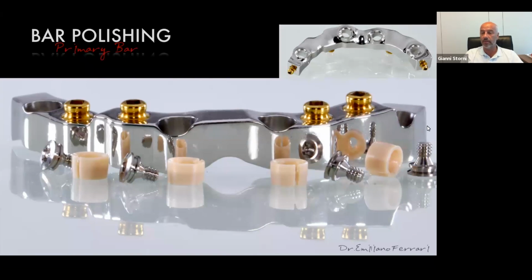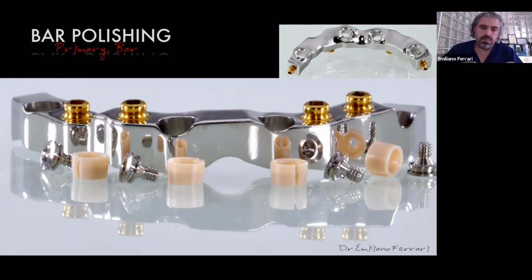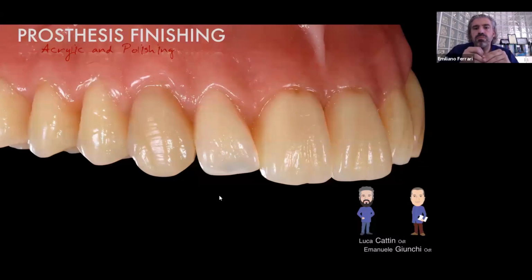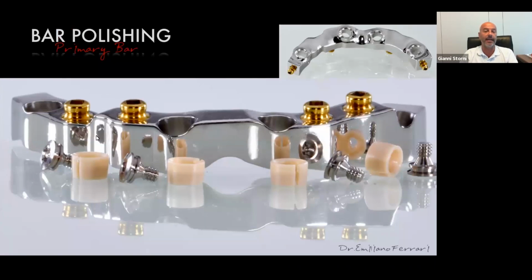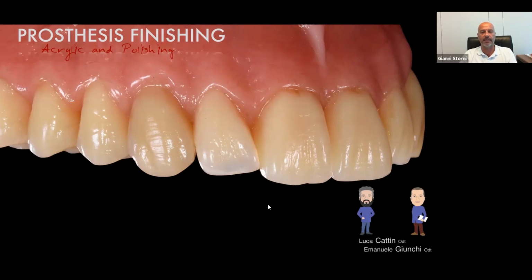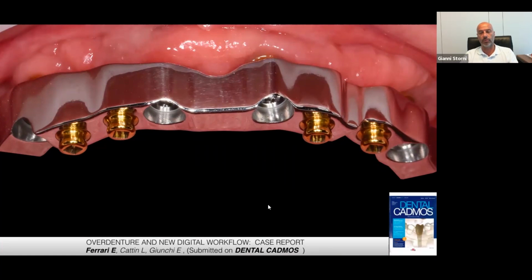And now we can go ahead to finalize the denture. From here, the technique is the same. So this is the screw that goes into the PEEK, and we can just send the work to Dr. Emiliano, who will try the bar in the mouth.